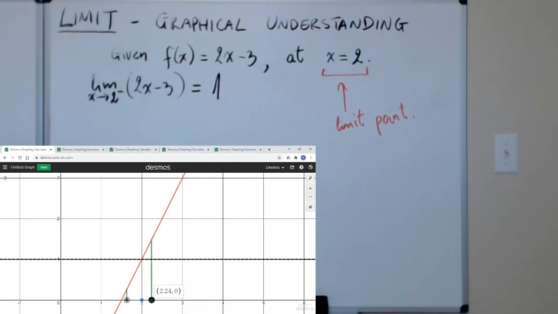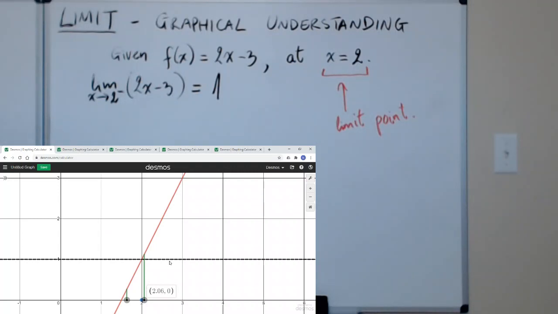As I keep making my x values closer and closer to x equals 2, and you can see my label here is indicating now I'm at x equals 2.09, still to the right hand side of x equals 2, but pretty close. But then as I keep getting closer and closer, my green height seems to make its attempt to get close to this vertical height again, which is the height y equals 1.